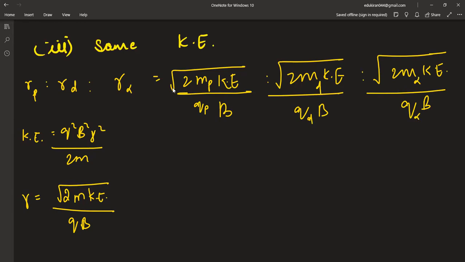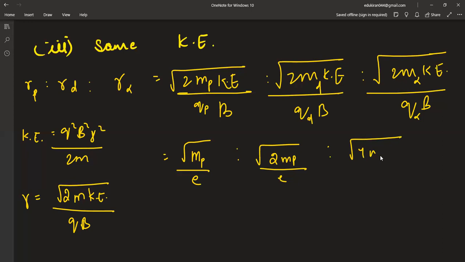Now see, root 2, root kinetic energy and B will be cancelled, right? So we are left with root 2 MP. So root MP is there, by charge E. Then root 2 MP, charge E. Root 4 MP by charge 2E.